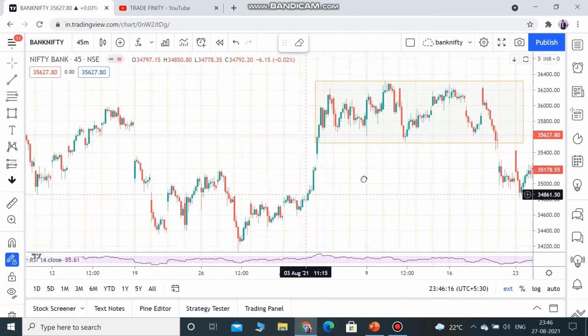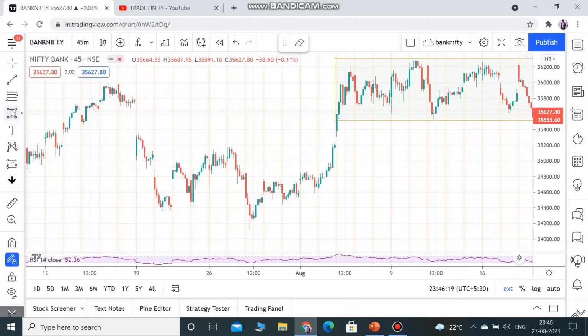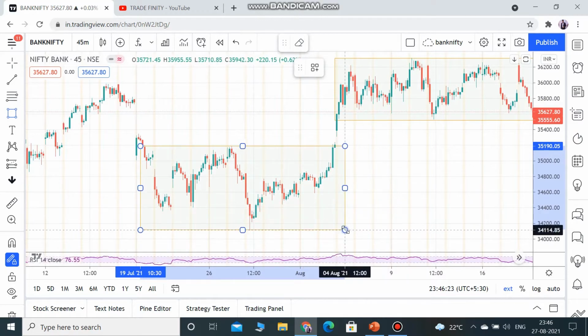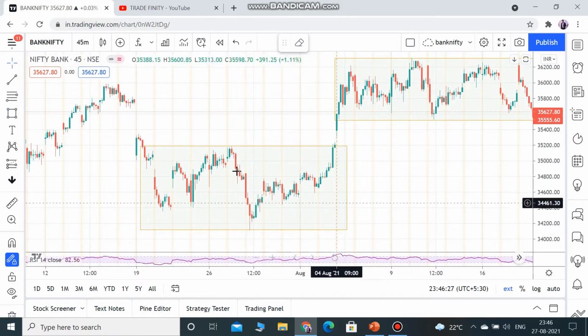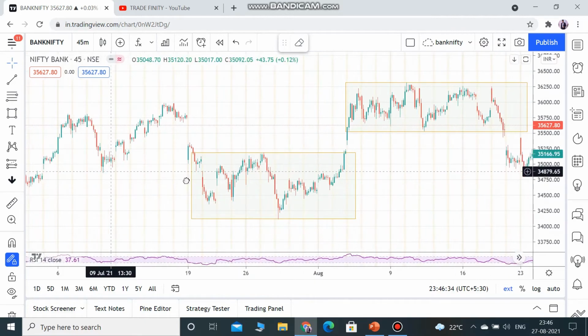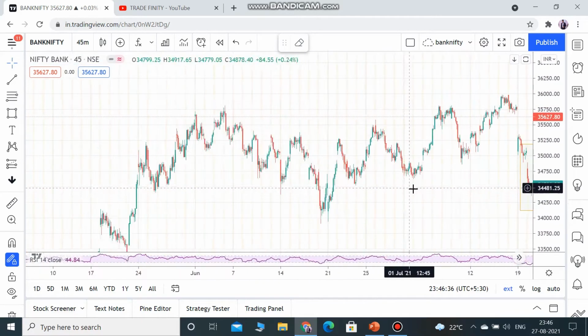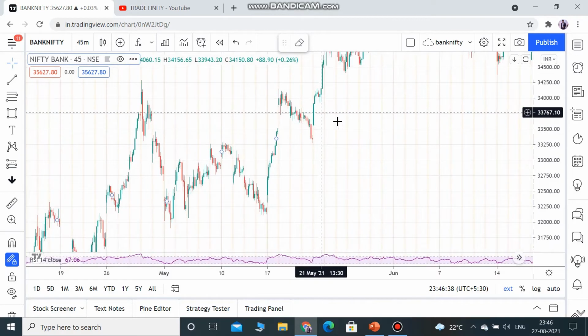This can be my second consolidation, an area where the market didn't know where to go, so it was struggling between these two lines, supply and demand. I'll mark one more, some good ones, so you get a good idea.